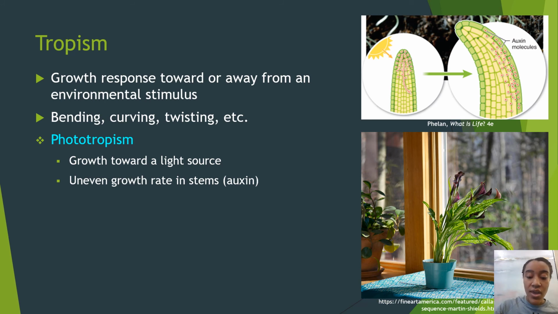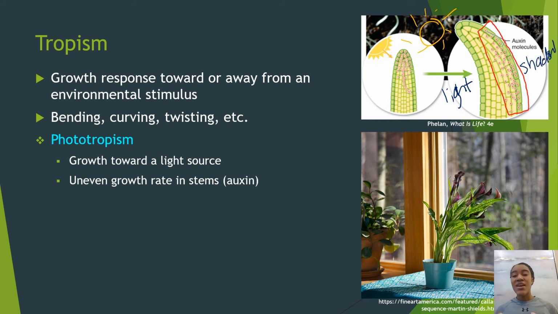So now our light source is over here instead of at the top. The auxin concentration will be redistributed, so the auxins are more concentrated on this side of the plant stem, and that's because this side of the stem is more exposed to the light, whereas this side is in shadow. Sorry for my poor writing.